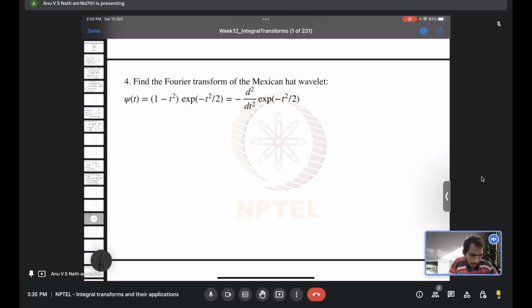This particular function, the Mexican hat, has a property that it is related to the second derivative of the Gaussian itself. So you can use the properties of the Fourier transform to perform this, or you can do the entire calculus, but it will take some time. So that's why using a property will be better. I'll wait for a moment.